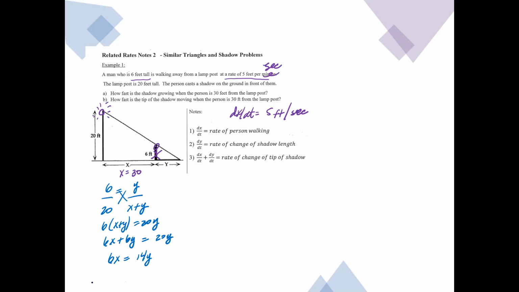So I'm going to start off with this equation, and then you apply implicit differentiation to it. The derivative of 6x is just 6, but you have a dx over dt, plus the derivative of 14y is just 14, equals dy over dt.